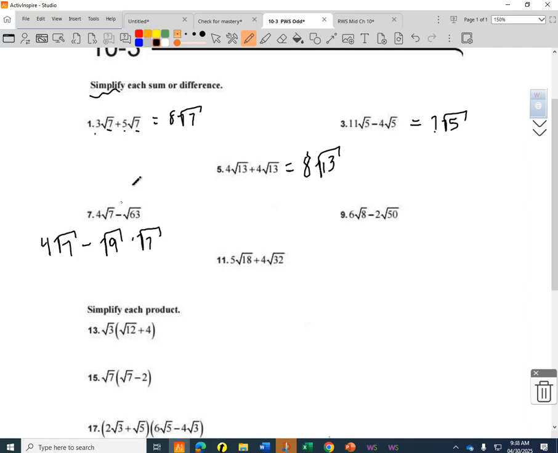So now, this is already simplified again, but that square root of 9 is what? 3. So now what we have is 4 square root 7 minus 3 square root 7. So what's the answer to that, Brooklyn? Okay, so 4 minus 3 is what?